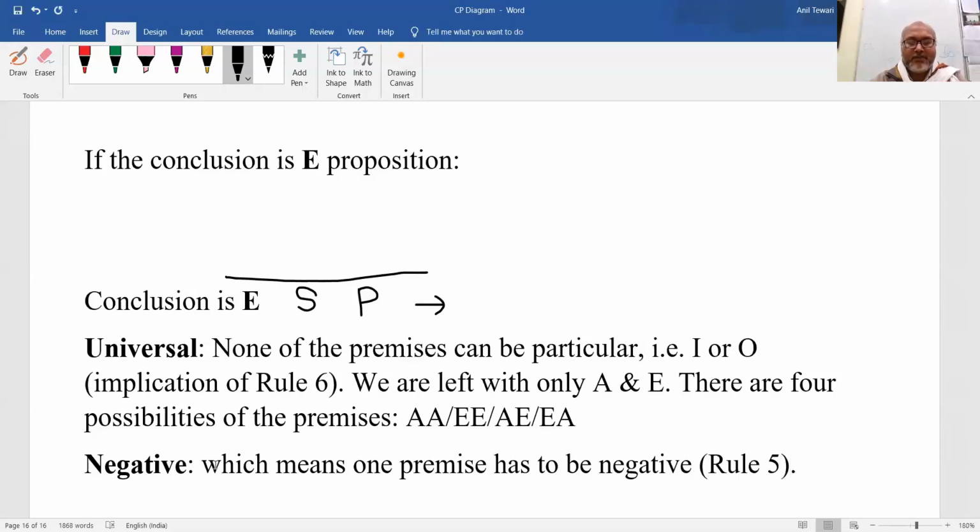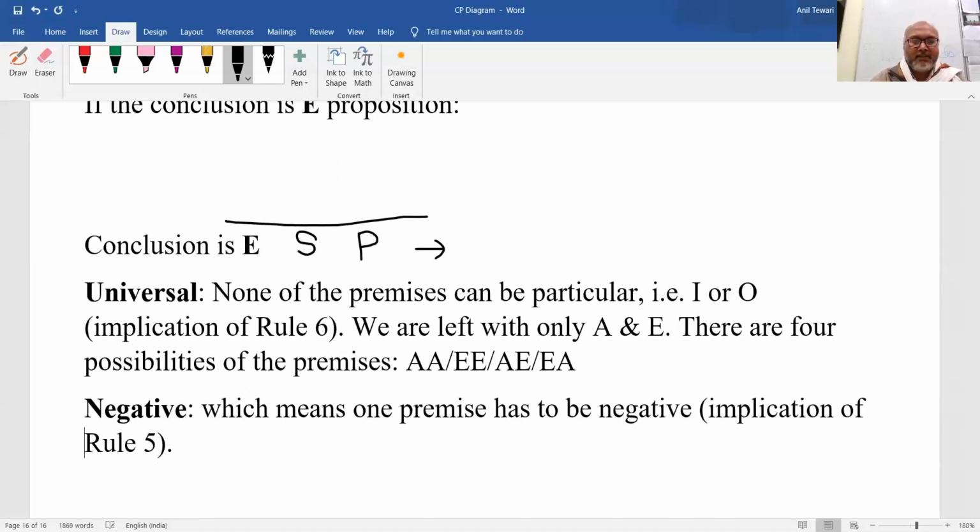If a premise is negative, only then the conclusion can be negative, right? And in fact, the negative conclusion, this is the implication of rule 5. Rule 5 says that if one premise is negative, then conclusion has to be negative. And the implication is that if the conclusion is negative, one premise has to be negative. So it is in fact both ways.